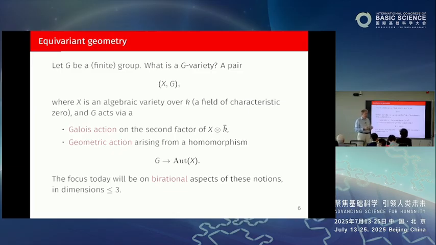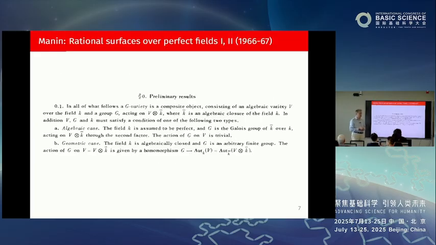Birational meaning, have a look at birational transformations, equivariant with respect to the group. This view, that you should approach Galois actions and geometric actions at the same time, was put forward by Manin in his paper in the 60s.